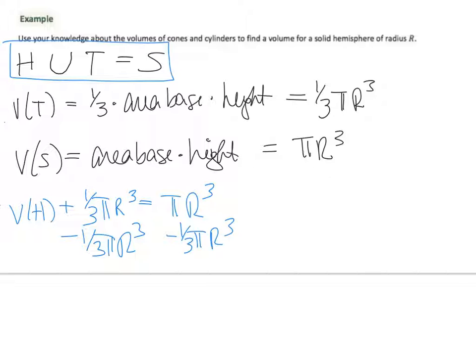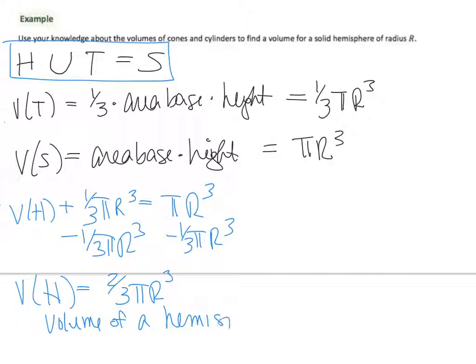And 1 minus 1/3 is 2/3. So that would be the volume of a hemisphere with radius r. Cool, let's keep going.